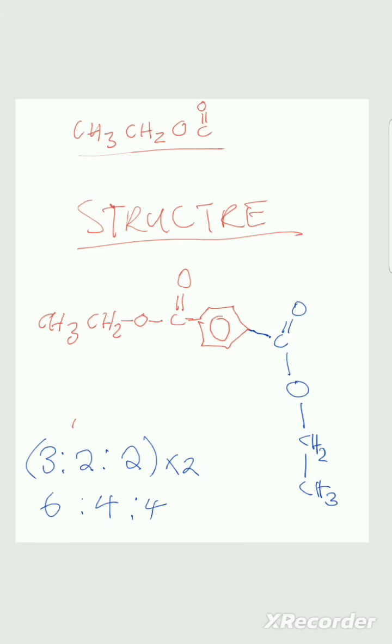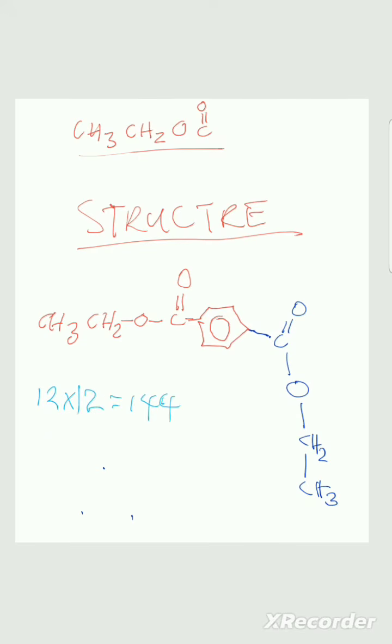So 12 times 12 is 144. Then the number of oxygen, I'm having 4, so 4 times 16 is 64. Then the number of hydrogen, when I count, 1, 2, 3, 4, 5, 6, 7, 8, 9, 10, 11, 12, 13, 14. So 14 times 1 is 14.